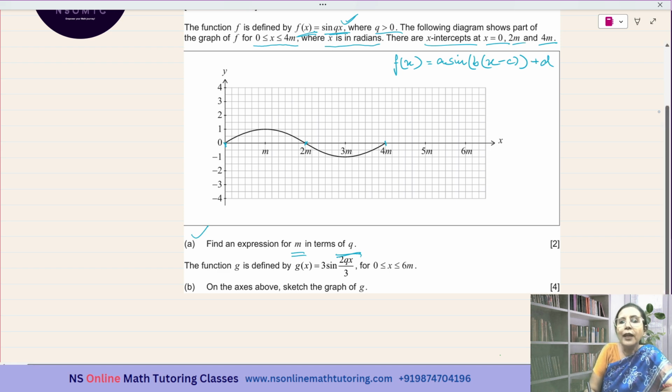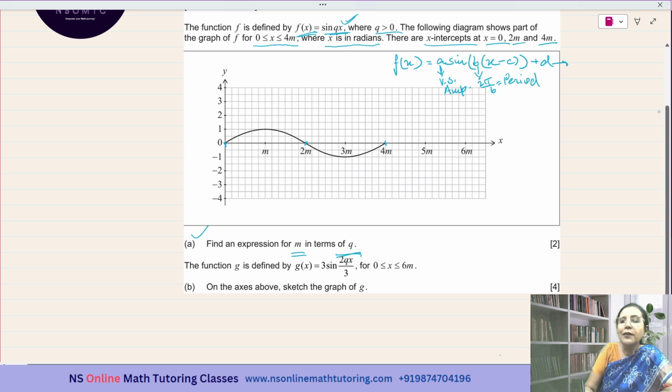Where A is the vertical stretch or the amplitude, and B affects the periodicity. 2 pi over B will be the period of the sine function.